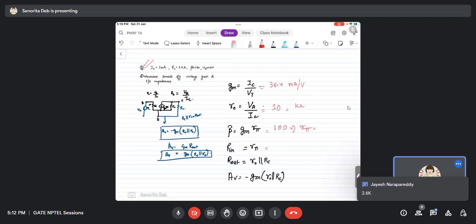Good. What is RO parallel with RC then? Okay. Then AV?